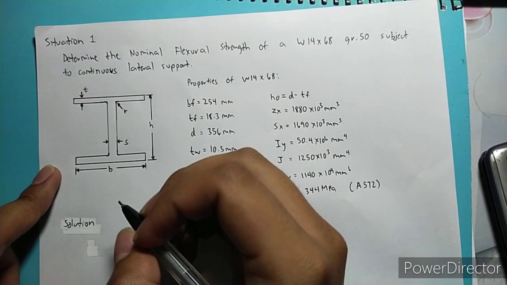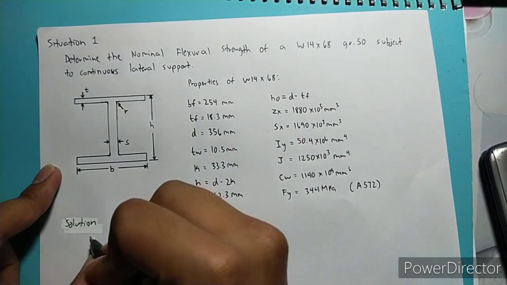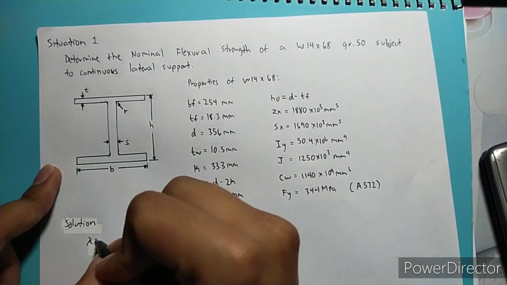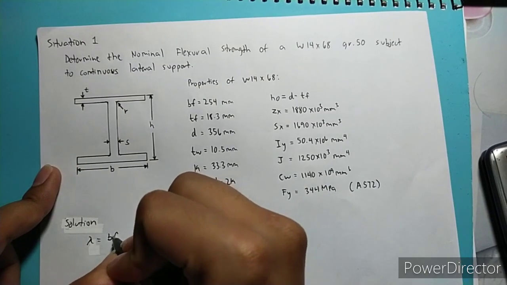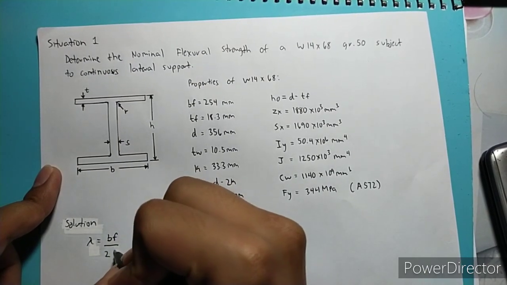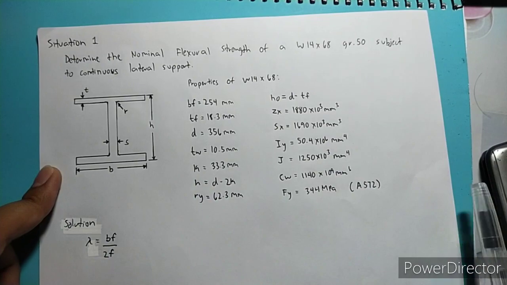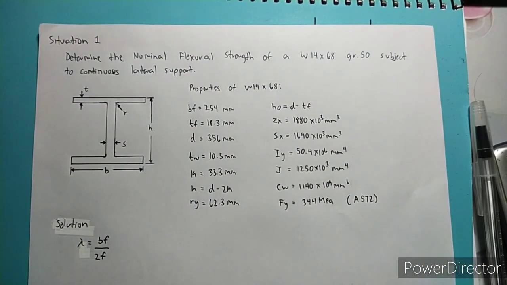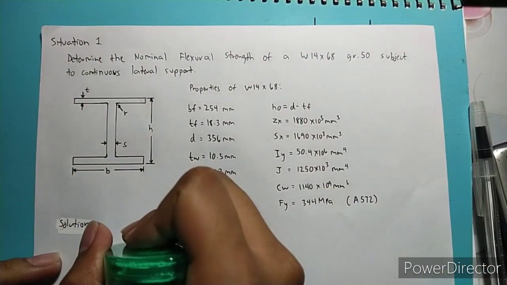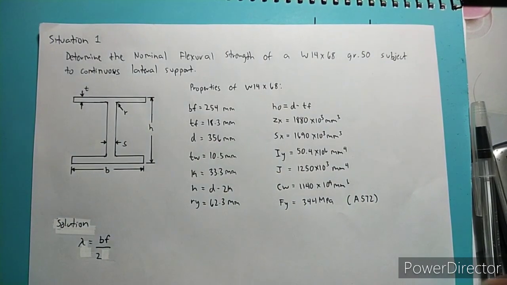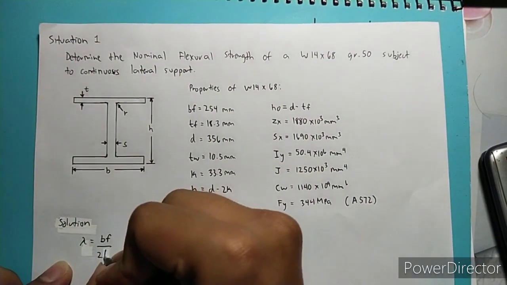The width-thickness ratio for case 1, our lambda, is equal to BF over 2TF.